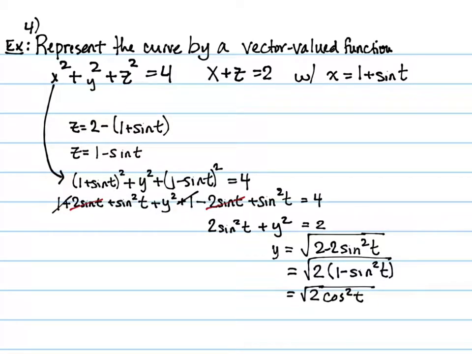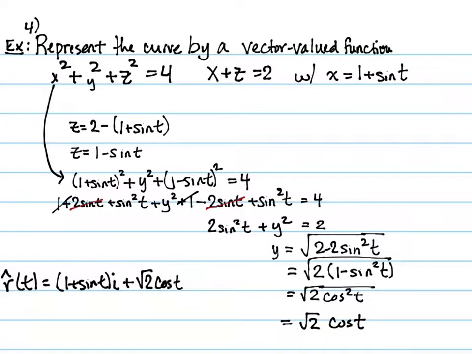Okay, that'll work. So this is actually the square root of 2 and then cosine of t. So my vector valued function, I'll write it with the i, j, k since we've been doing that mostly this section, is that r of t is the x value, which was 1 plus sine t i, plus the cosine value that I just got for y, square root 2 and then cosine of t j.